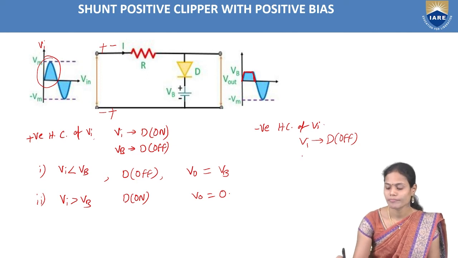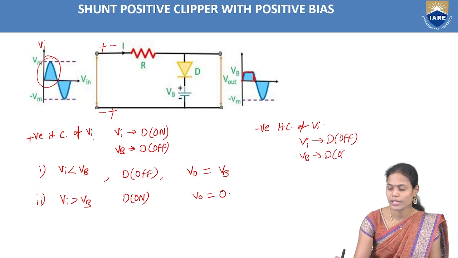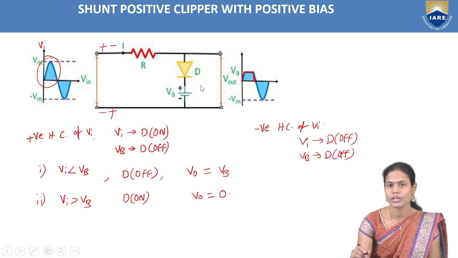And similarly, the battery voltage is also making the diode reverse biased. Why? Because for the cathode terminal of the diode we are providing the positive voltage. We are providing the opposite polarity at both terminals of the diode. So that's why it will enter the reverse bias condition.